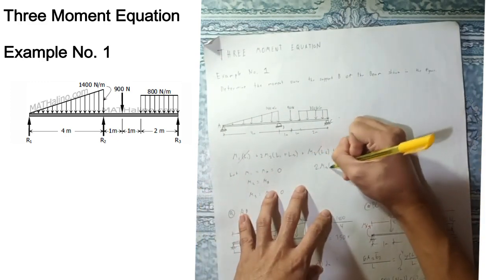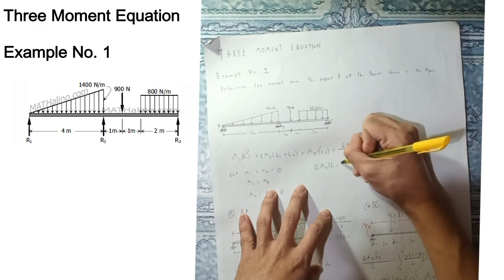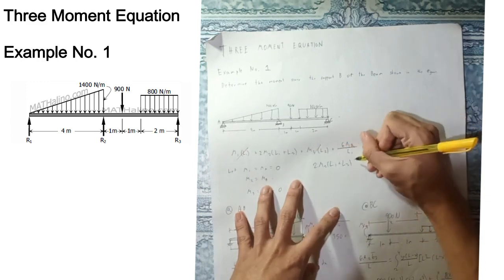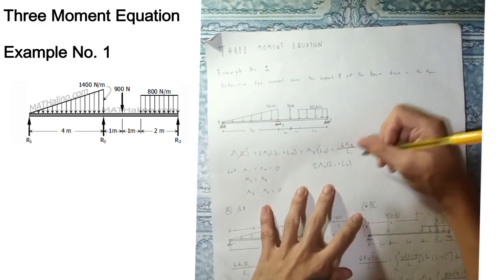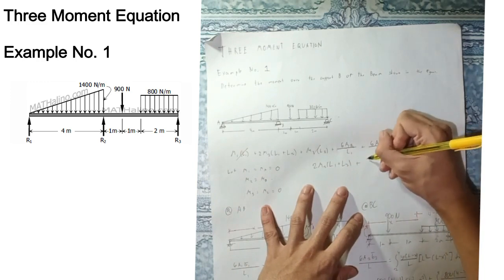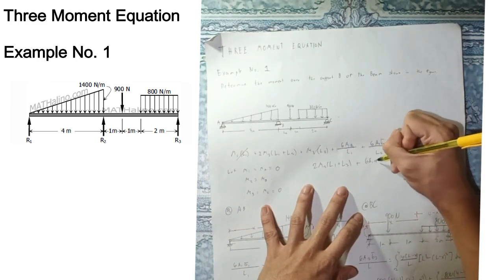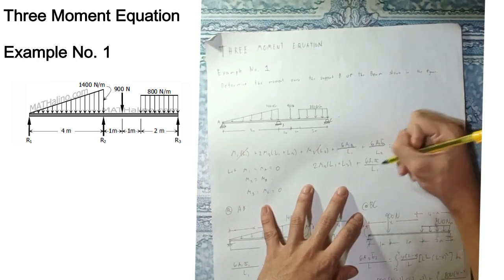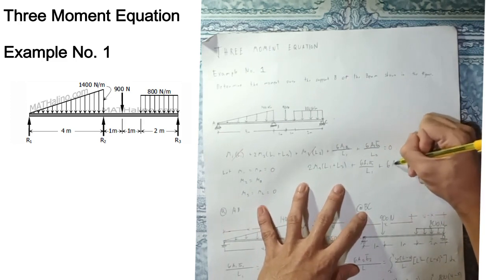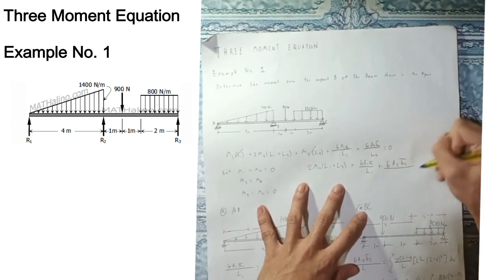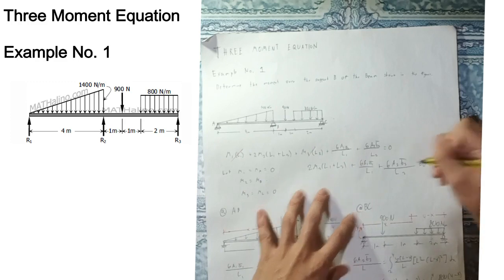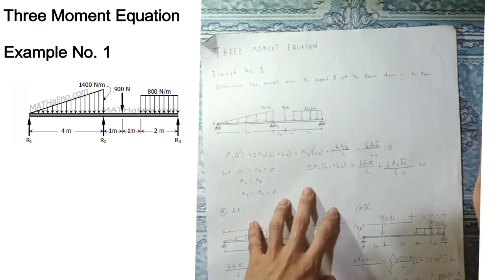So, ang matira ay 2M2 times L1 plus L2 plus 6A1 bar L1 plus 6A2 B2 bar over L2 equals 0.